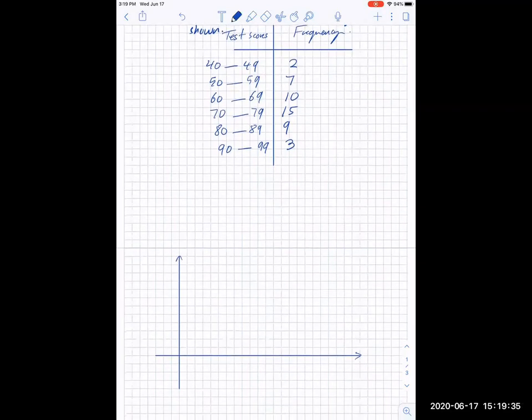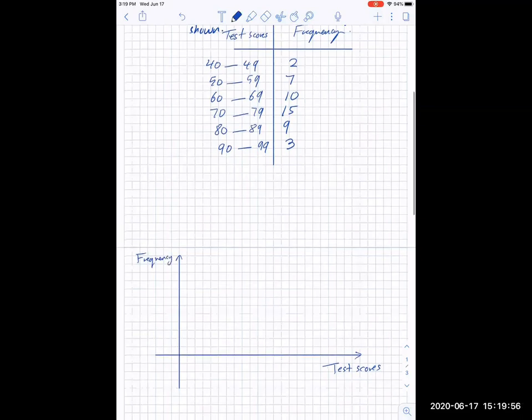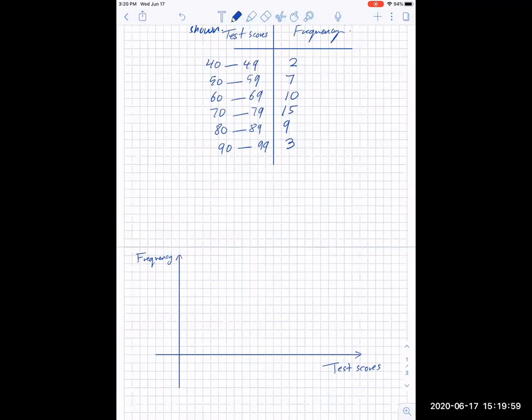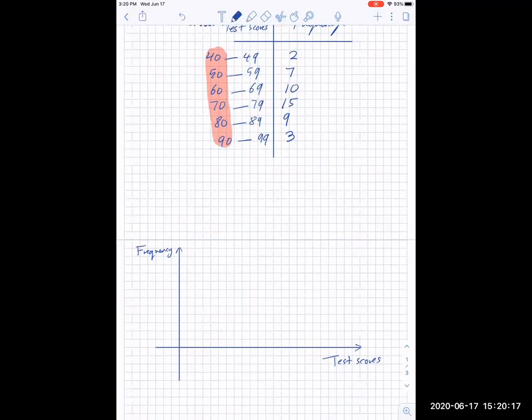First, you label your horizontal axis with the type of data that you have, test scores. And then the vertical axis, you label it frequency. Then you go to the table and take the lower class limits, those numbers only, not the upper class limits. You're going to transfer them into the graph.